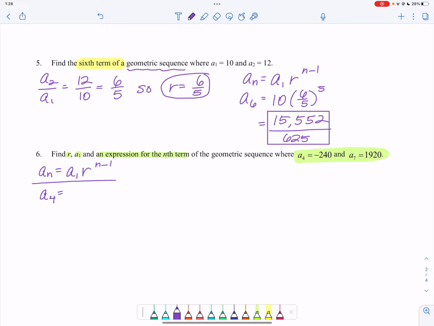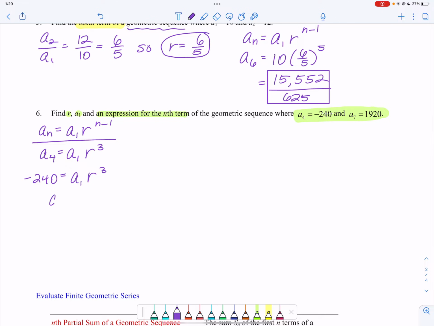So let's write a formula for a sub 4. A sub 4, the fourth term, is the first term times r cubed. So we know that a sub 4, negative 240, is equal to a sub 1 r cubed. So now I could say that a sub 1 is equal to negative 240 over r cubed.